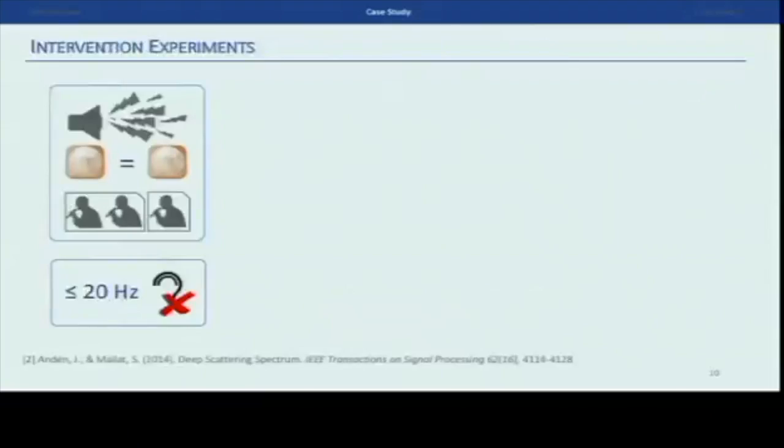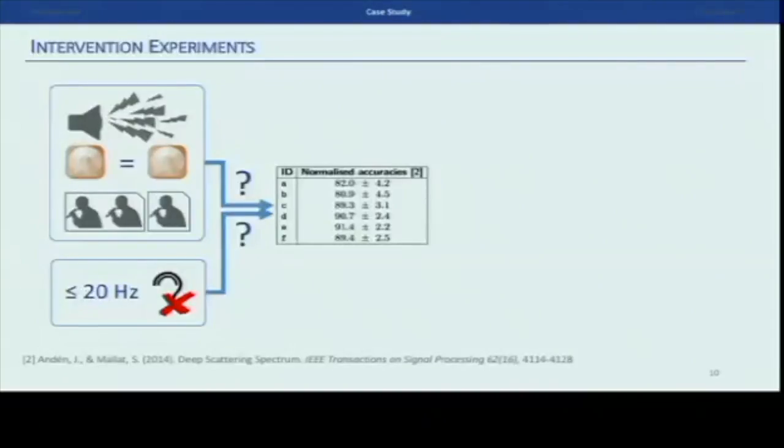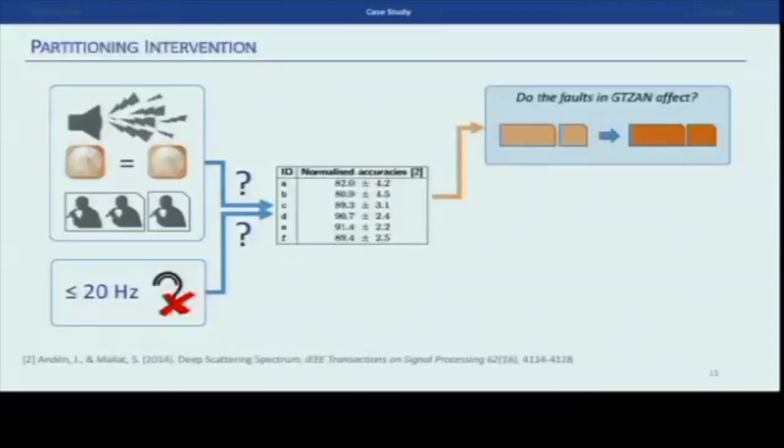So knowing that the data set has some problems, and knowing that there is this potential for capturing irrelevant information, we drive our intervention experiments. The first of them targets this one here. Do the problems of the data set affect these particular results?